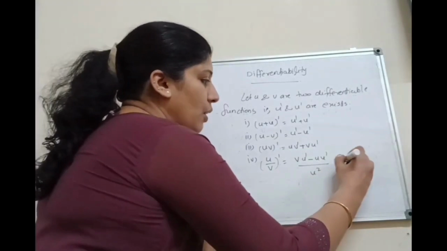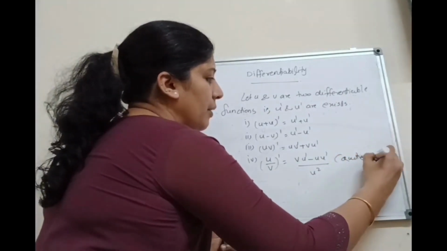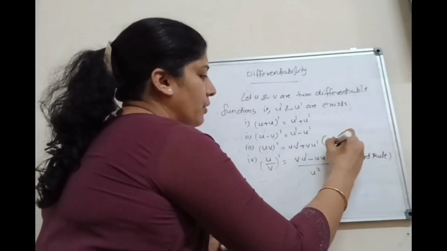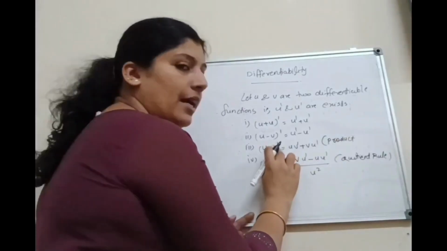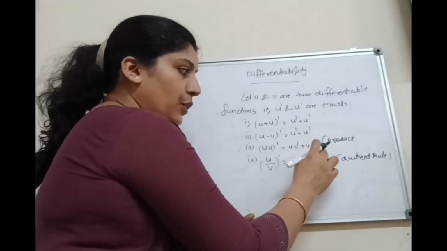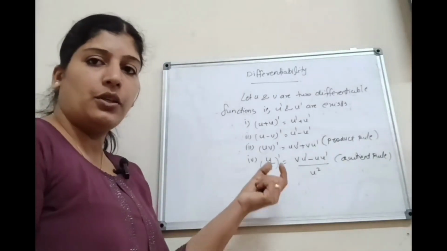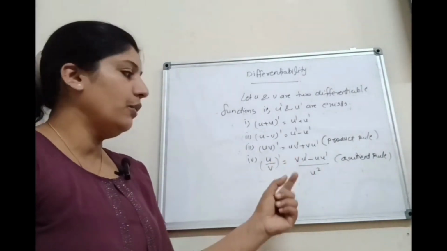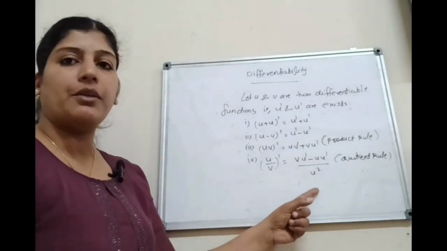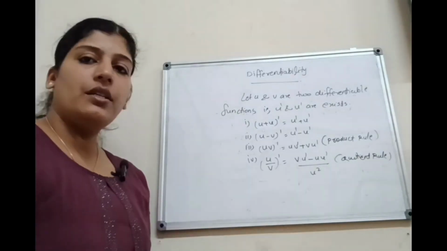This is the quotient rule, and the earlier one is the product rule. That is, uv whole dash equals u into v dash plus v into u dash. This is the product rule. When the function is of the form u by v, u by v whole dash equals v into u dash minus u into v dash divided by v square. This is the quotient rule.